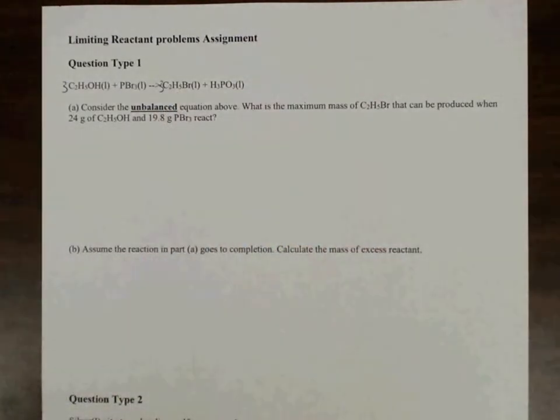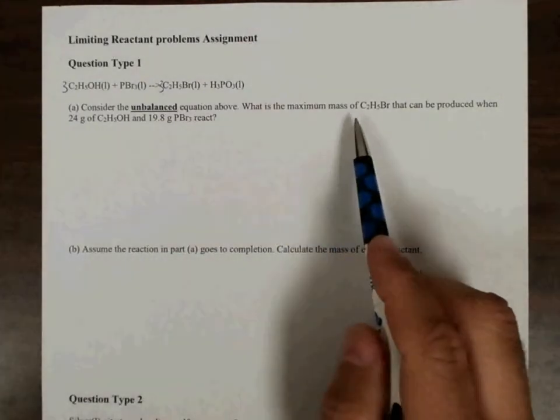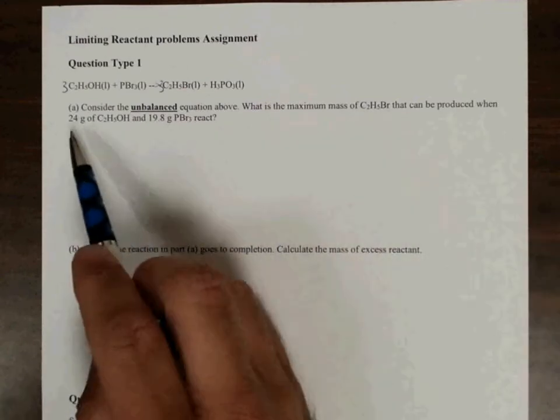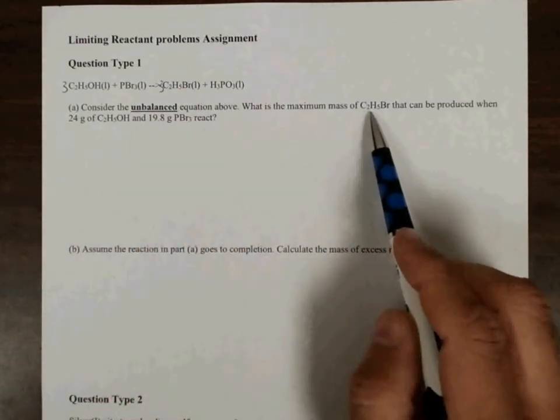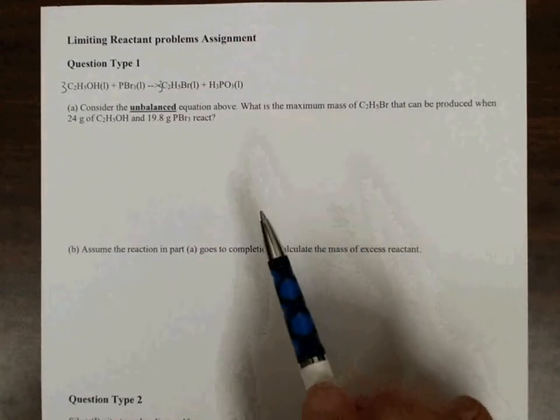So we need to have our coefficients down before we get started. In both cases, because we are looking for the maximum mass of C2H5Br, we have to take both these starting masses of starting reagents and convert them into the C2H5Br.